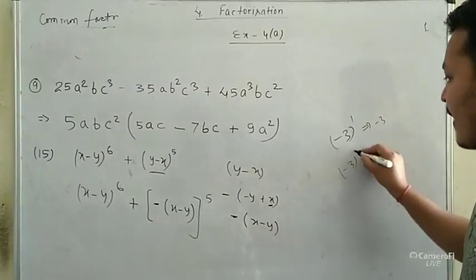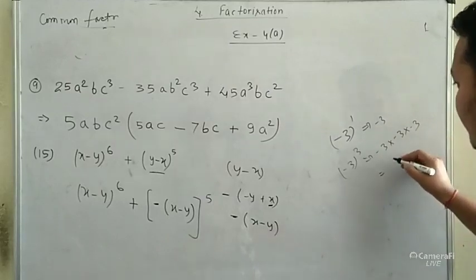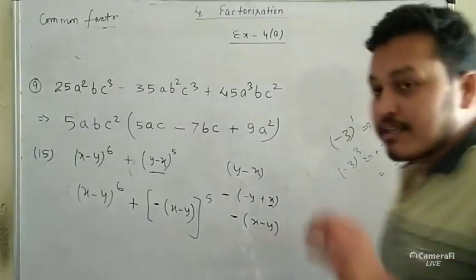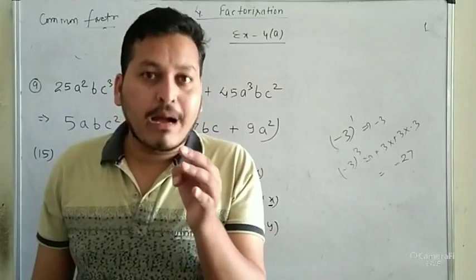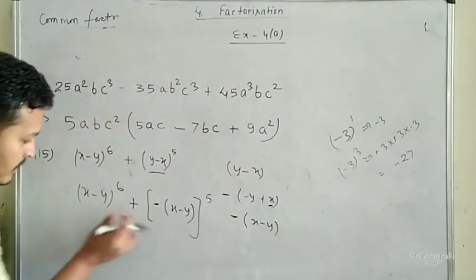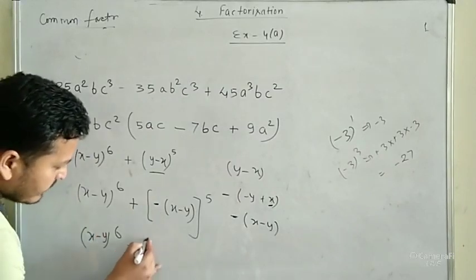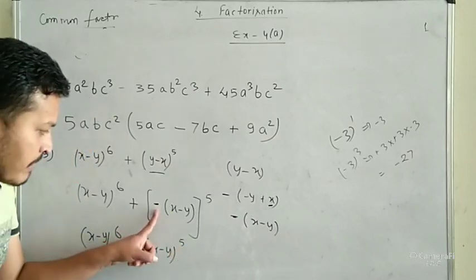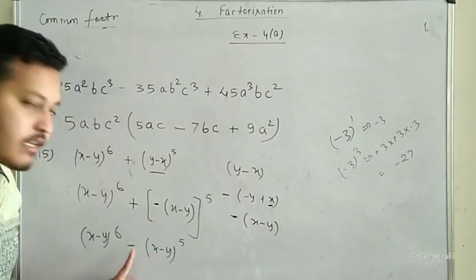If minus 3 has power 3, it means minus 3 times minus 3 times minus 3, which gives 27 with minus and 1 minus remaining. It means when the base is negative and the power is odd, the sign will always be negative. Open the bracket: (x minus y) to the power 6 plus minus (x minus y) to the power 5. I told you the sign with a negative number and odd power is always negative.